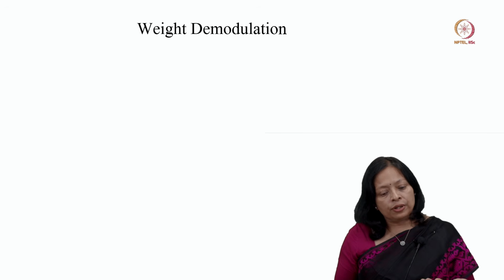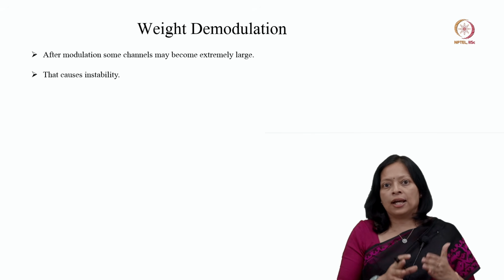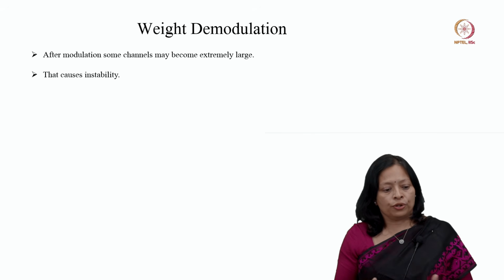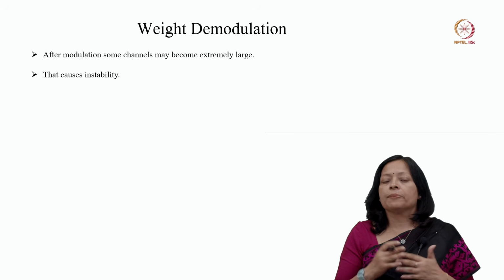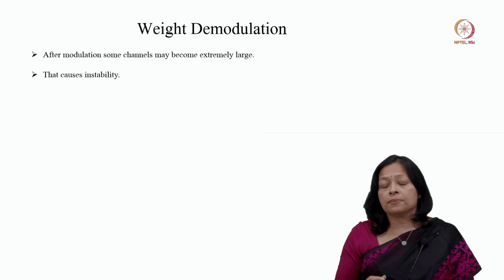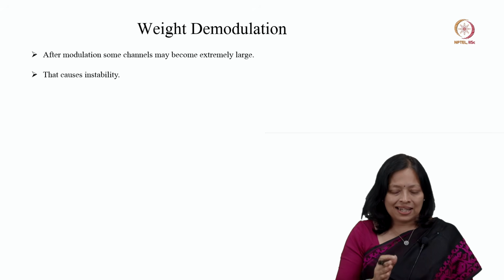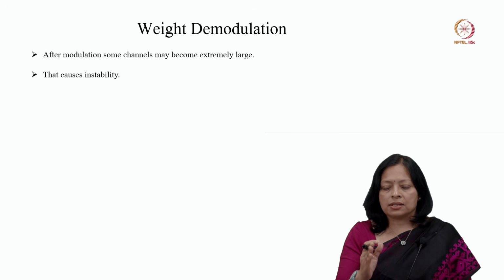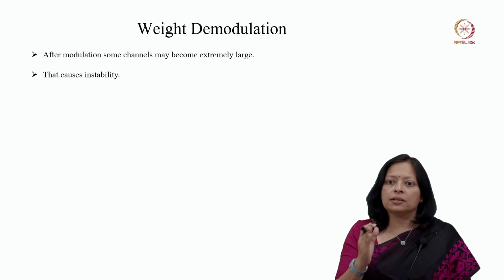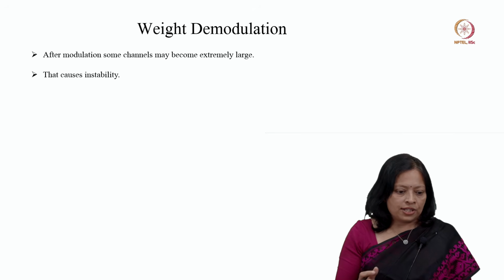And what is demodulation? In StyleGAN 2, we have weight modulation plus demodulation. After modulation, some channels become extremely large, because we are multiplying by the factor Si, which is the scaling parameter coming from the affine transformation.